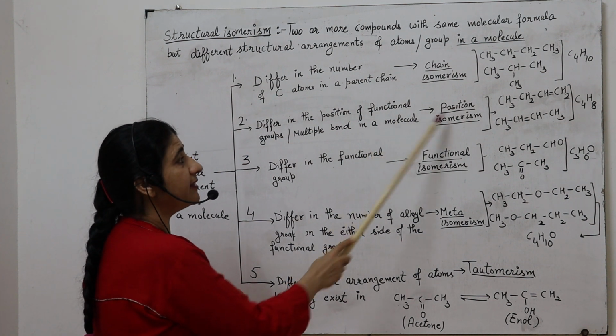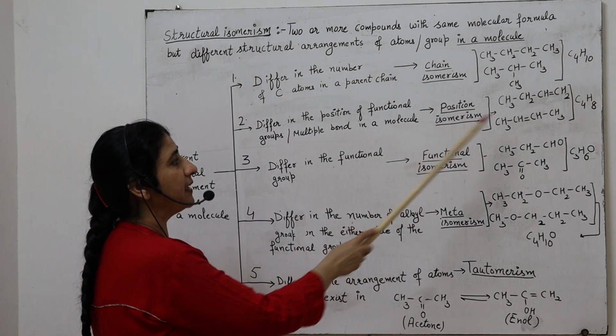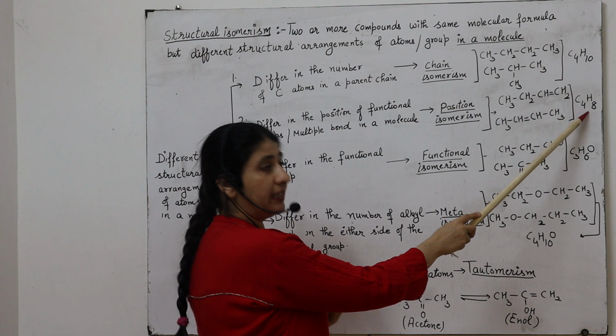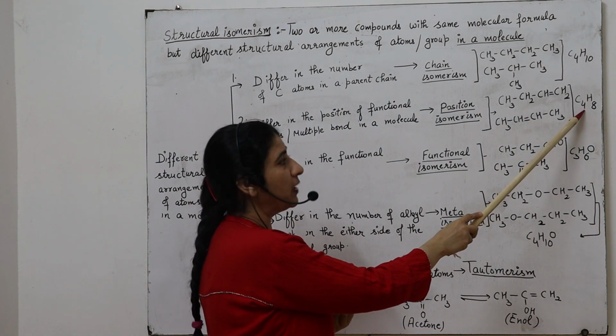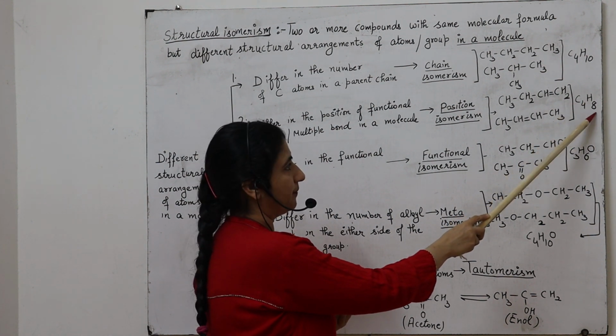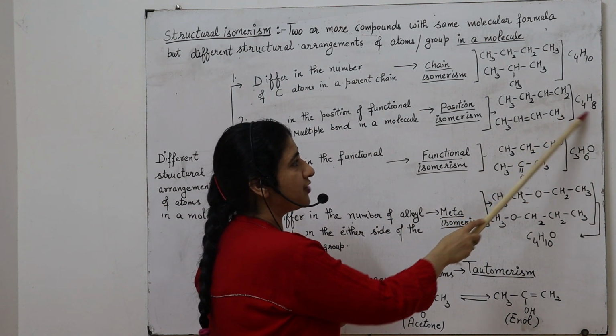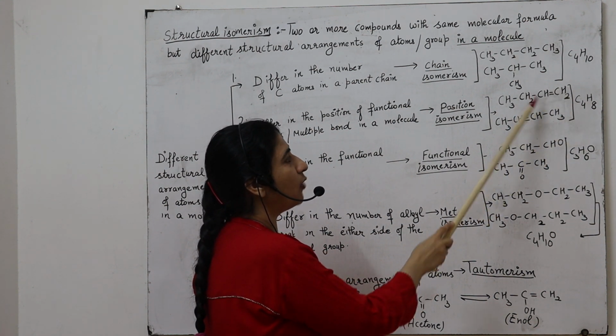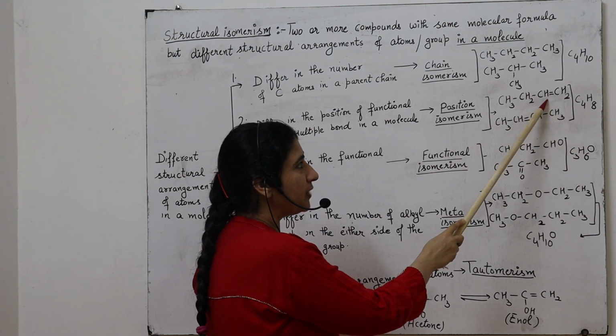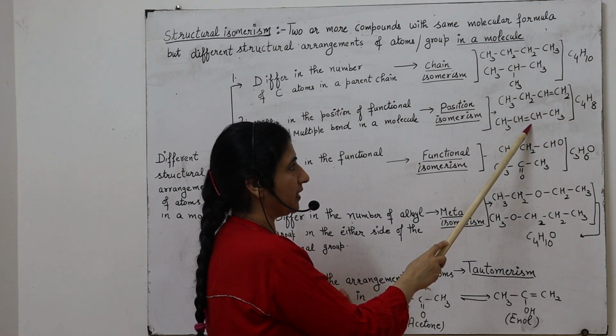To illustrate position isomerism, I am taking the example of butene, whose molecular formula is C4H8. This C4H8 we can write in two ways. Number one is 1-butene and this one is 2-butene.